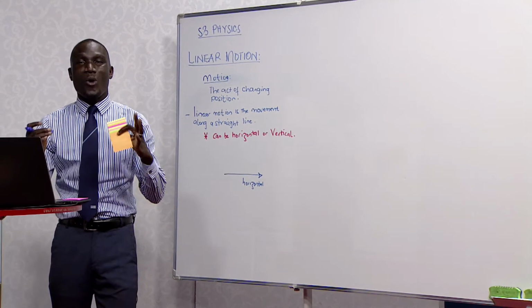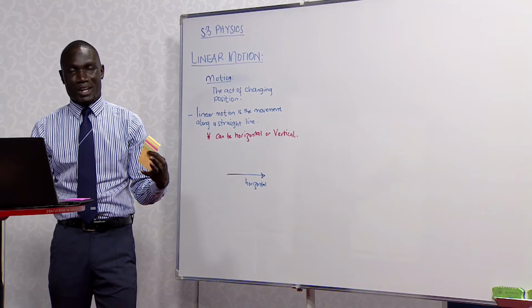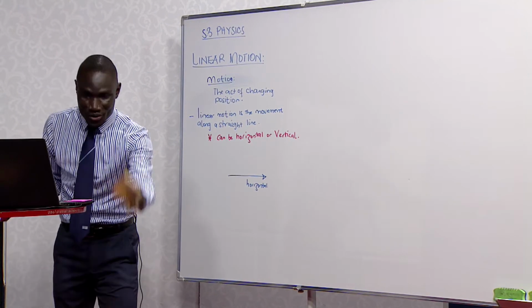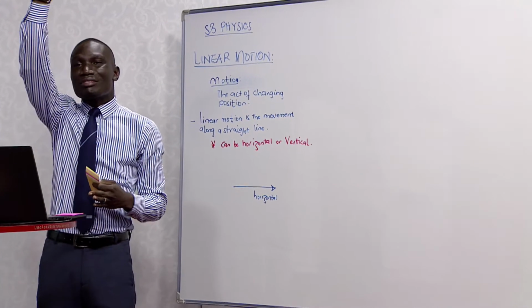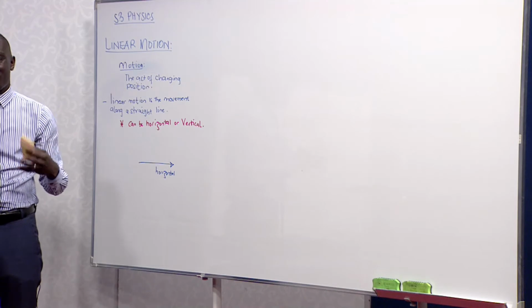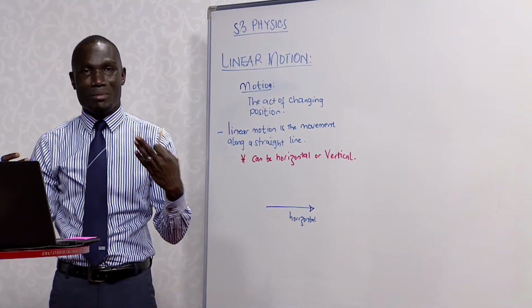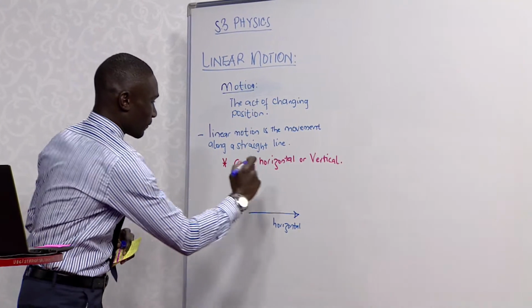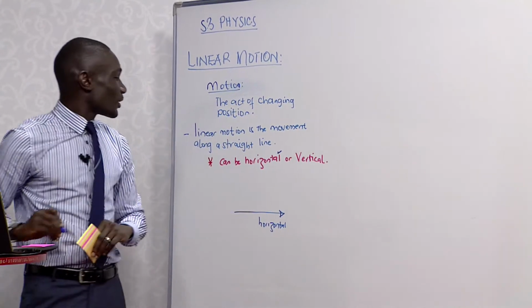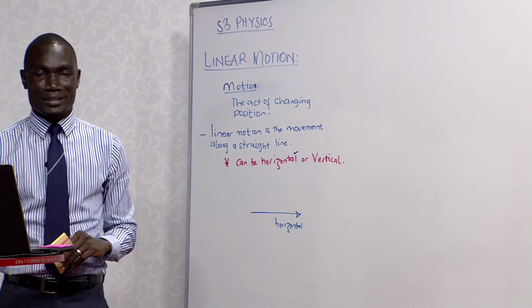So we call that horizontal linear motion. If you're driving, we all drive horizontally. You cannot drive vertically. That is called a horizontal linear motion. Very good. Now, we have explained what horizontal linear motion means.